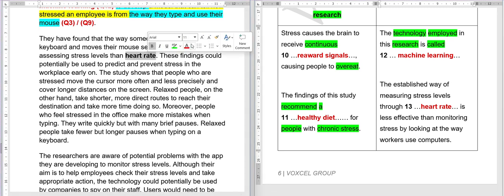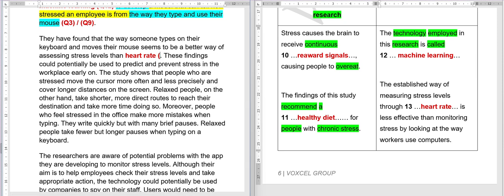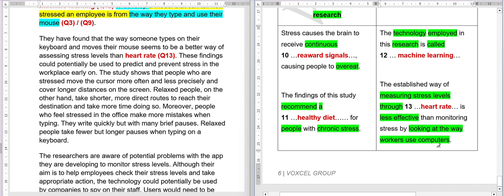It was quite straightforward. If not, don't worry, I will tell you where the keywords are and how we arrived at this answer. Here they're saying we have to measure stress levels through, meaning to say, a sort of method. It is less effective than looking at the way people use computers.